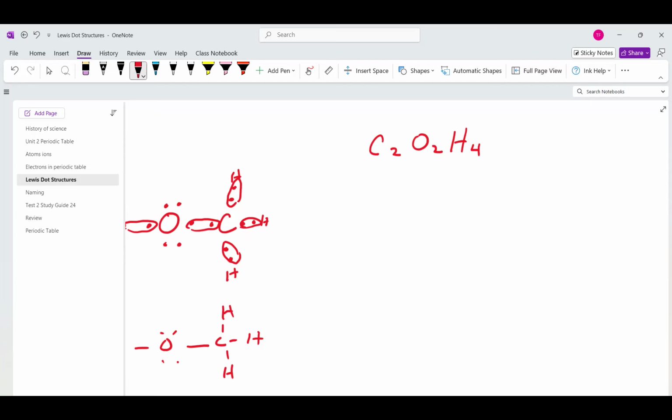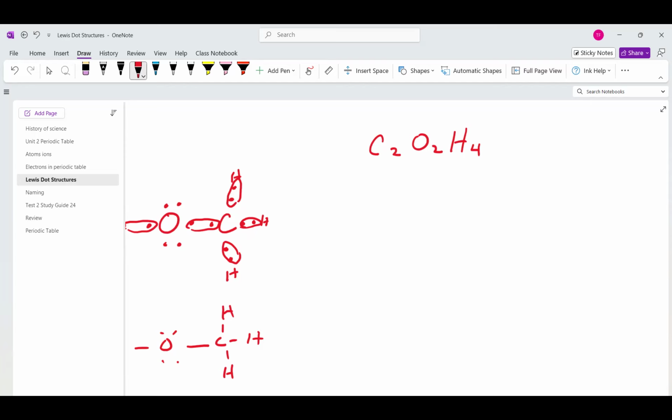When you say it's a legal structure, it has 2 reasons. 1 is octet: 2, 4, 6, that's 8 electrons. Octet, as in O-C-T-E-T. Octa is 8, and that's a group of 8 electrons: 2, 4, 6, 8.